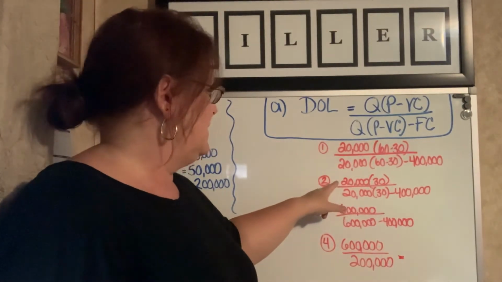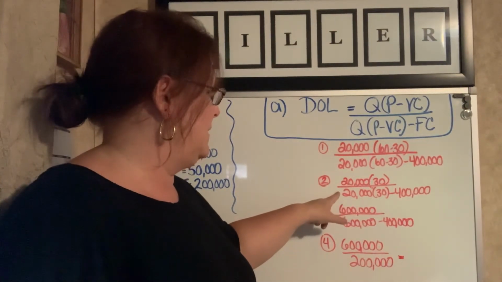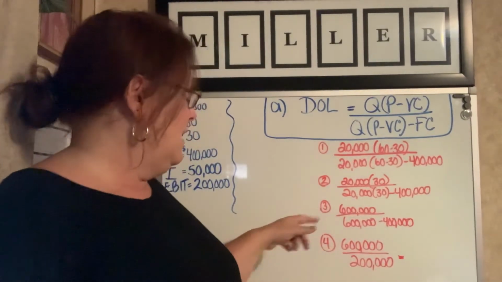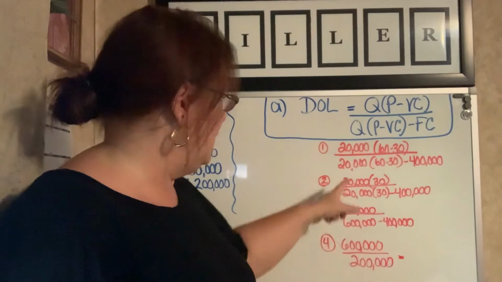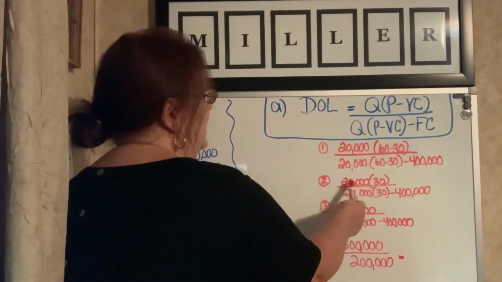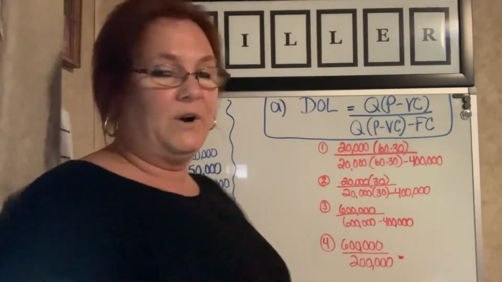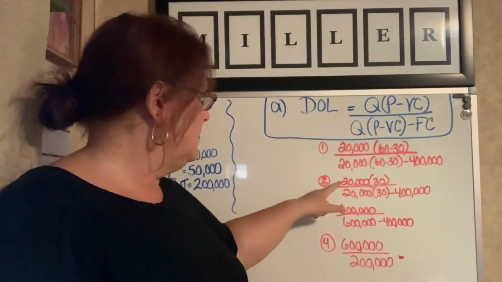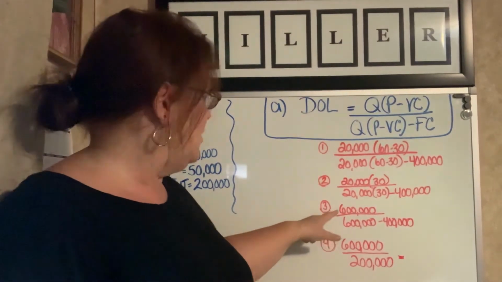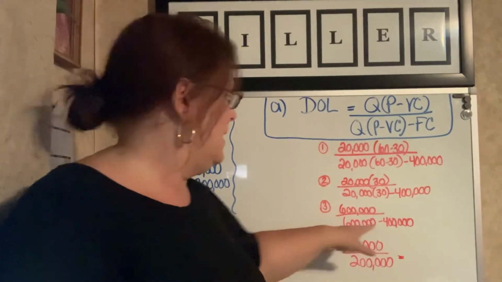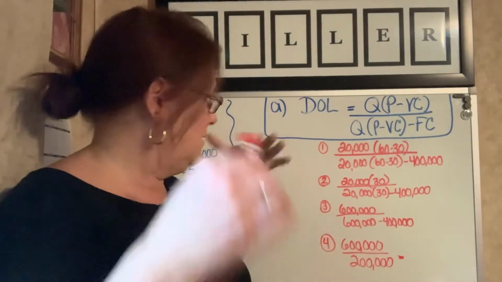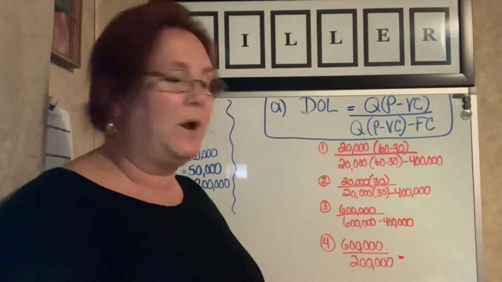The numerator and the denominator are the same, minus 400,000. Now step 3, I've done the multiplication. This equation says 20,000 multiplied by 30. If you take a calculator, 20,000 multiplied by 30 gets you 600,000. So you have 600,000 over 600,000 minus 400,000. That's the third tier of my algebraic equation.